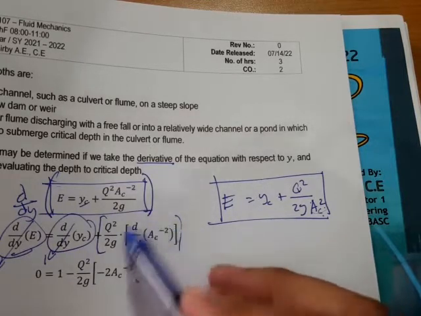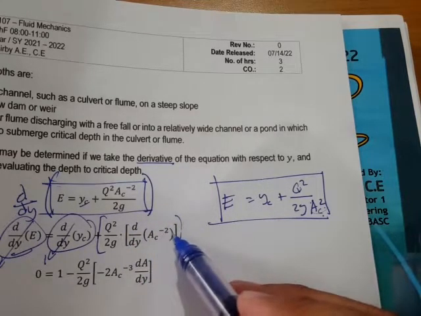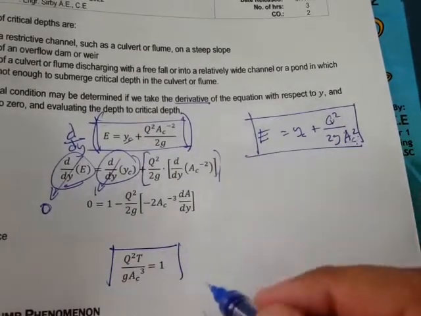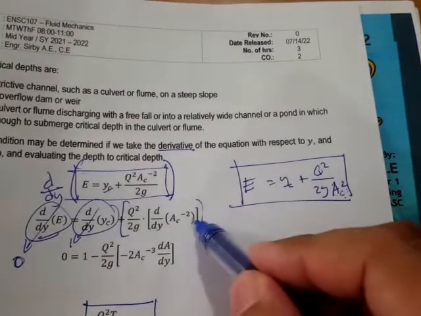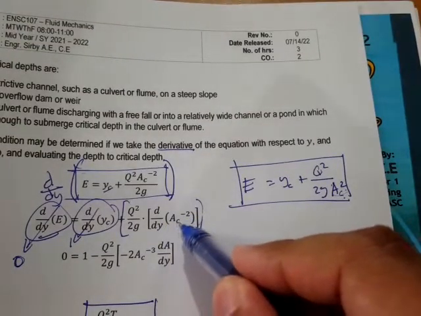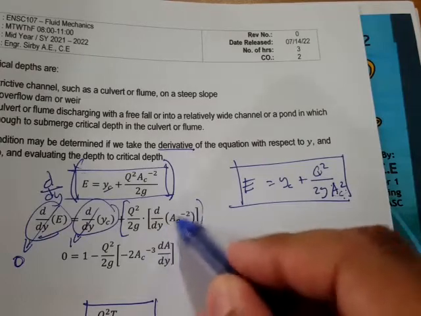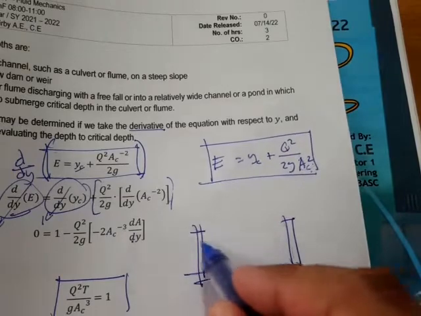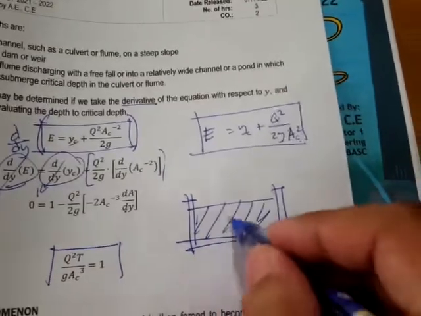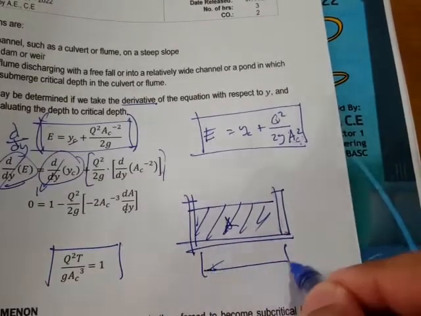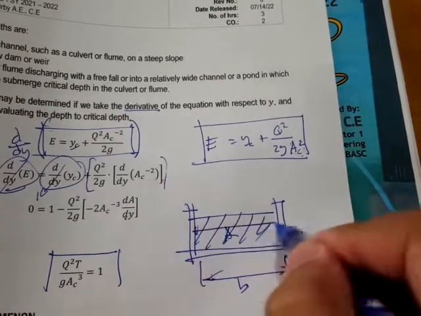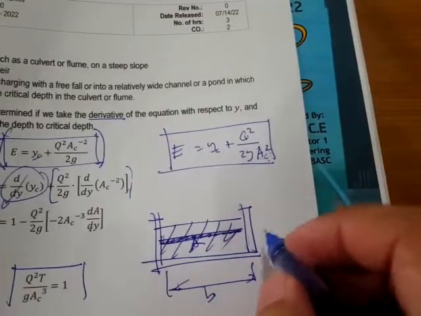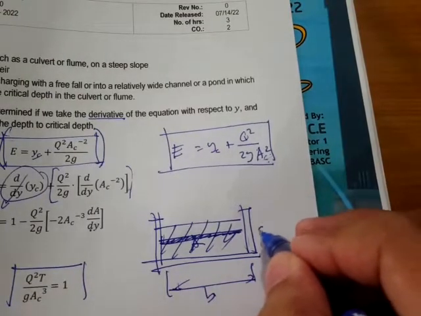And if we take the derivative of this area, what we get is this. If we simplify, take note, this is negative 2 times A_c to the negative 3 times the derivative of area with respect to y. However, for a rectangular cross-section, recall that this is our area, here's our B, right? And if we take this differential strip, this is our dy.